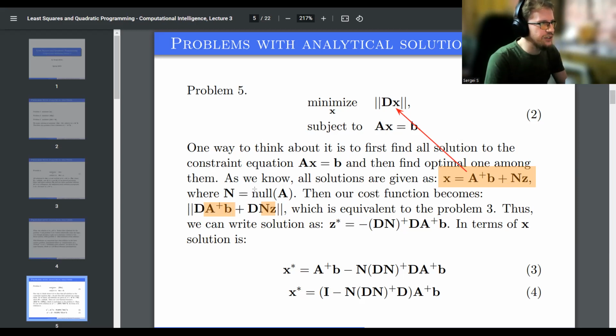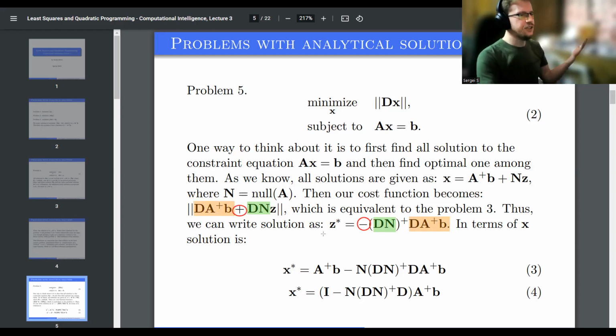The solution is: pseudo invert this matrix, and multiply it by this vector, with a minus sign that comes from this plus sign here. So this is the solution. Okay, this is how you solve it.